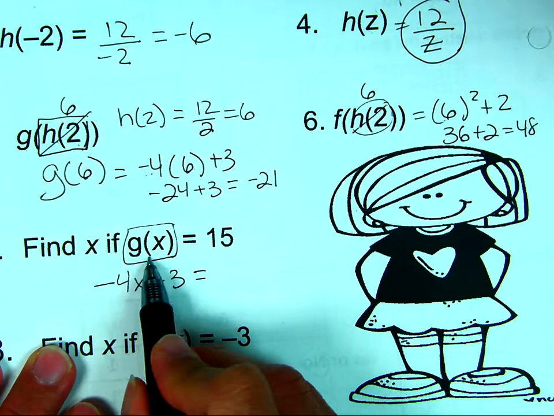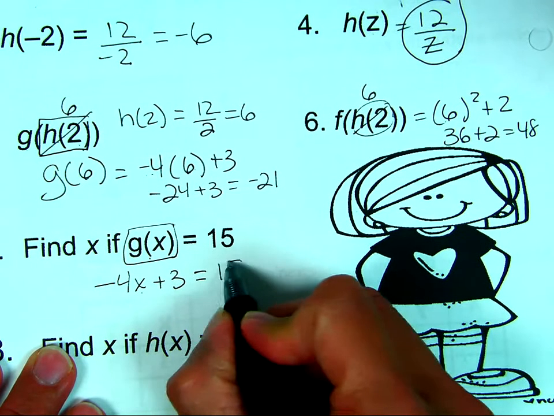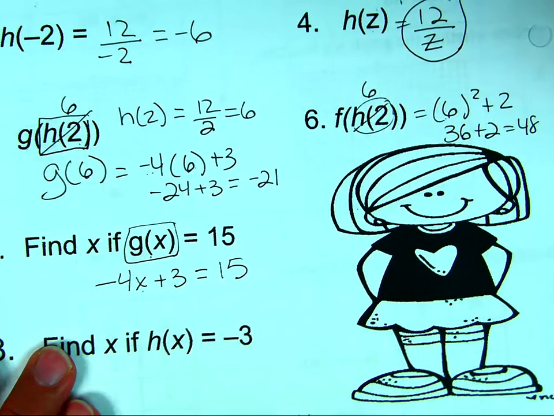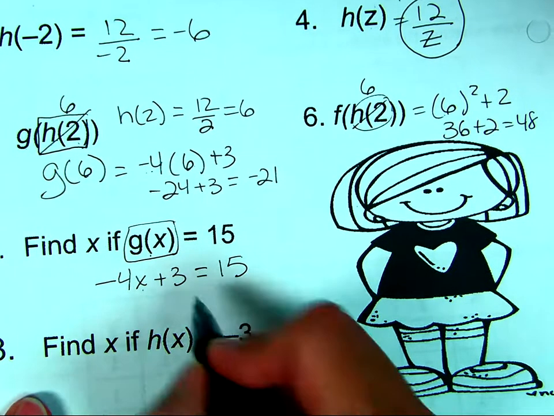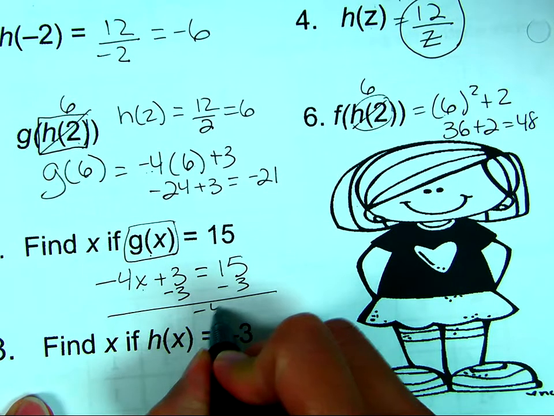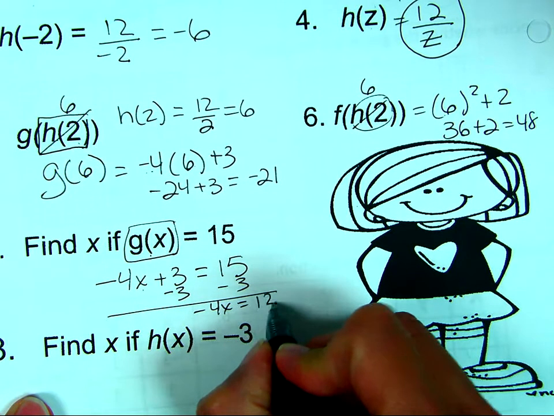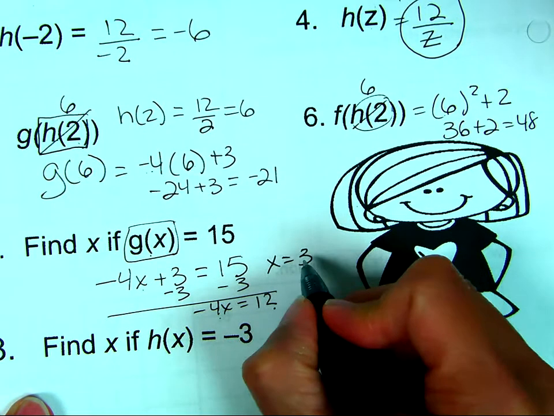And they're asking us to actually find x when this expression or the rule is 15. So it's kind of backwards. They're not asking you to plug something in. They're saying, hey, what would you have plugged in to get 15? So we solve that equation by undoing it. So we're going to get negative 4x equals 12. And if we divide both sides by negative 4, we get x equals negative 3.